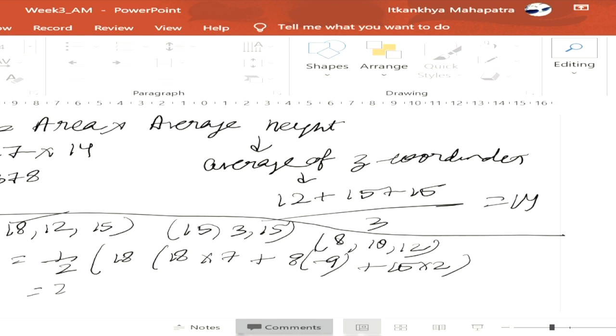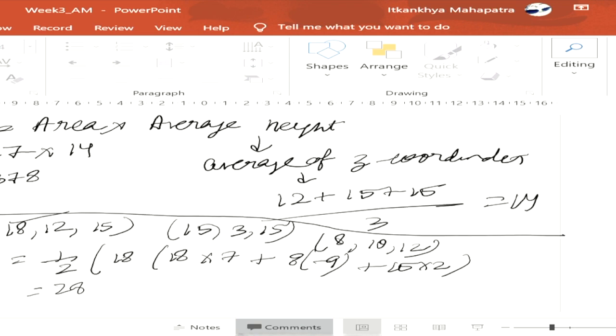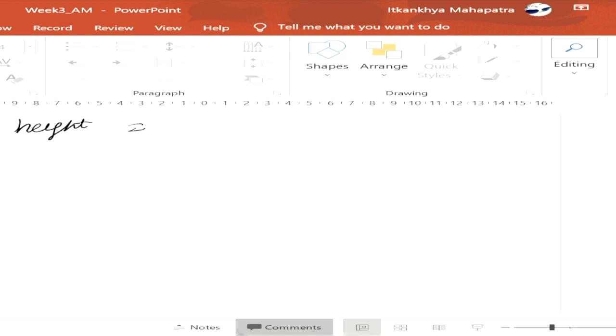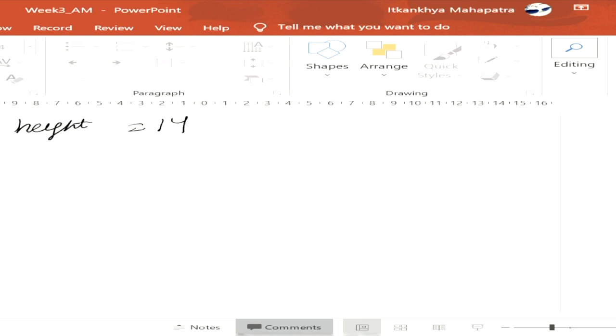Now this will become 28. The average height will be the z coordinates, which will be 15, 15 and 12. So it is 14. Now volume of the triangle is equal to area into average height, 42 into 14 is equal to 588.